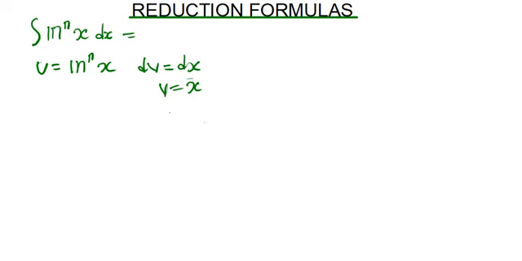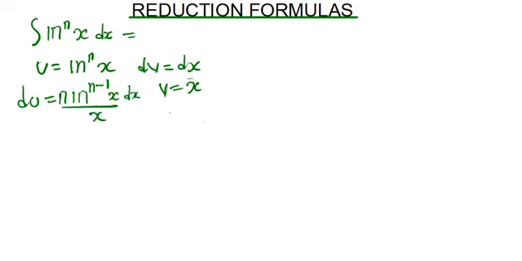So in this case, finding our du, we're just differentiating what we have here. What happens is that you're going to drop the power, so you're going to have your n in front, then ln to the n minus 1 of x, and then the derivative of the inside, 1 over x dx.